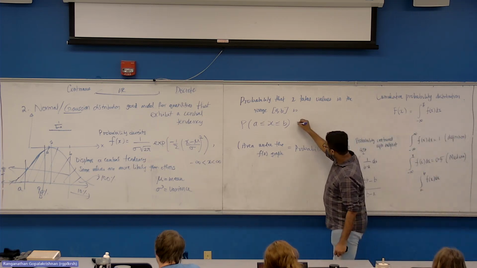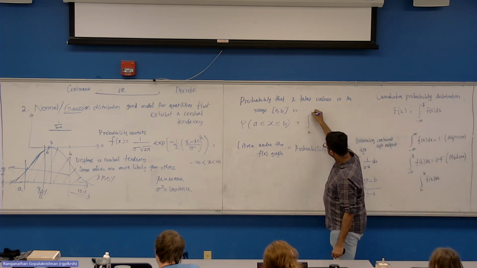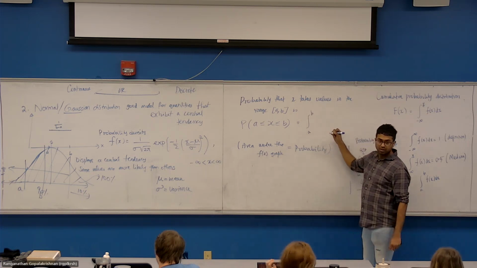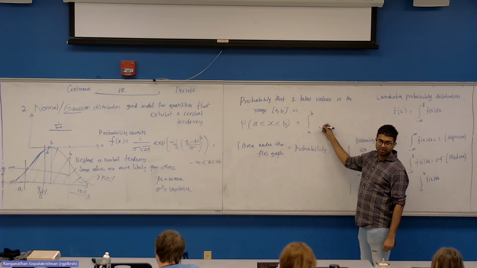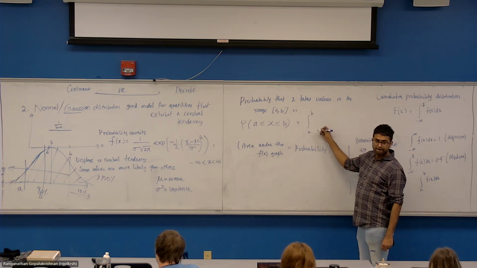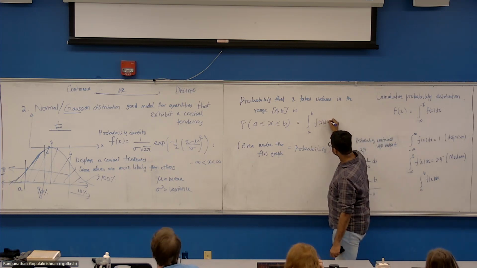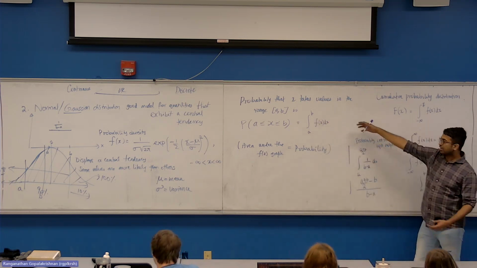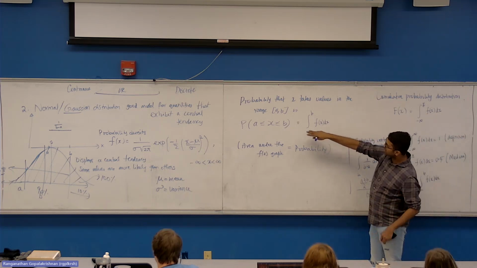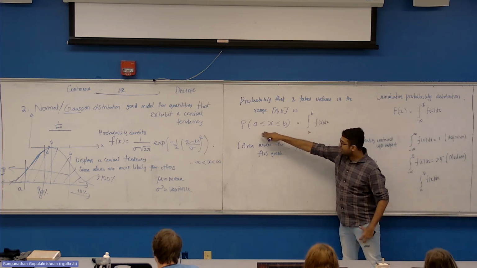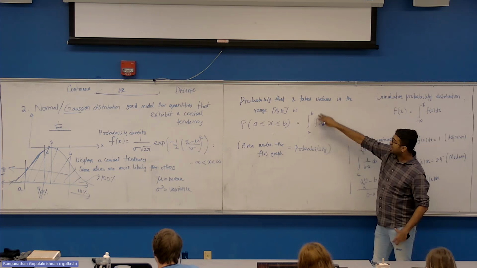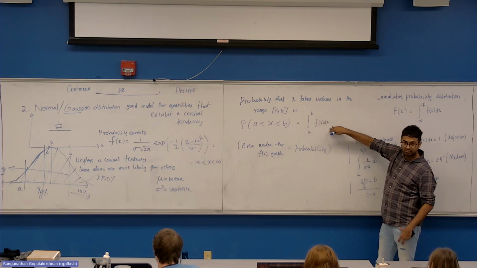When you say bounds, are you saying a to b? What goes inside? The function, f of x dx. I said this a few moments ago. That is, the probability of x taking a range of values is the integral from a to b of f of x dx.